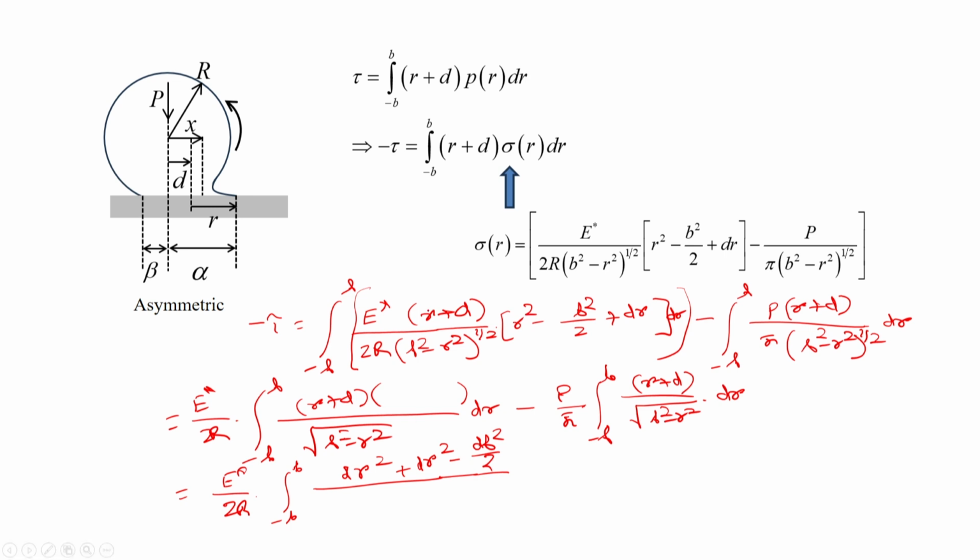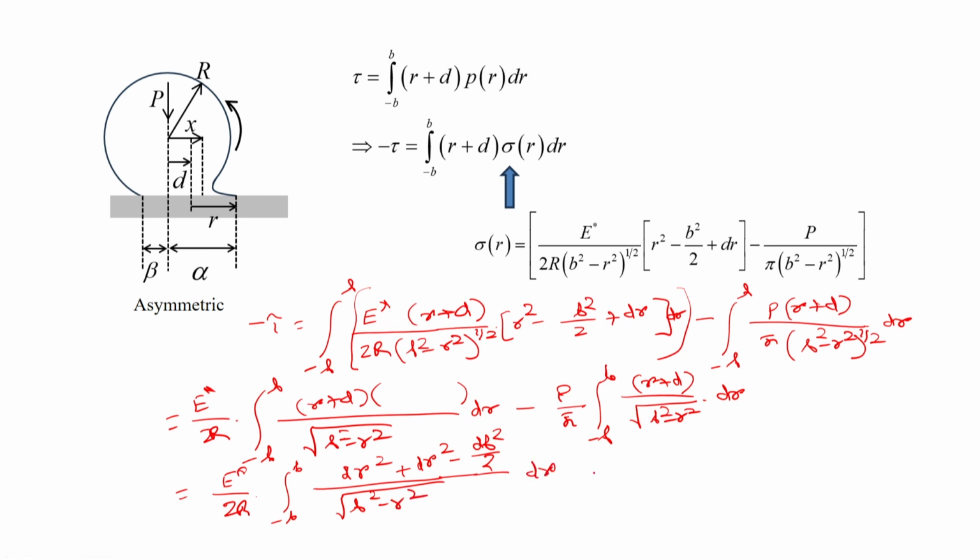Therefore, if you integrate from minus b to b, and this quantity b square by r square is even. So, the r cube terms will get cancelled, then the b square by r term will get cancelled, the d r square will remain, again d into r square remains, and d into minus b square by 2 will remain, because d into d, that is d square r, will get cancelled, and over here in the denominator I will have b square minus r square. Hope it is clear to you.